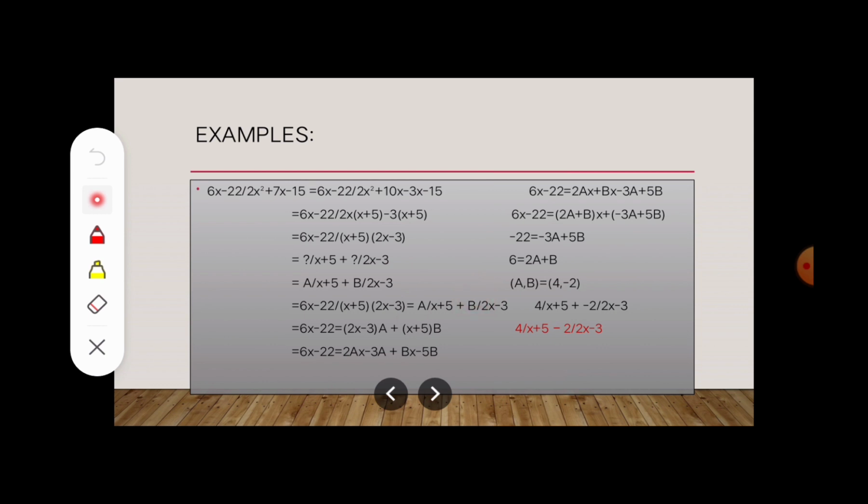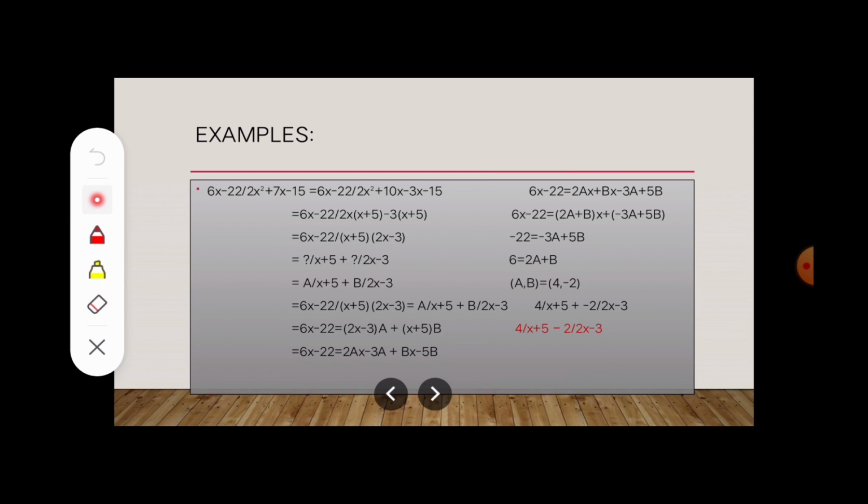Then multiply both sides of the equation by x plus 5 and 2x minus 3. So we have 6x minus 22 equals 2x minus 3 times a plus x plus 5 times b.